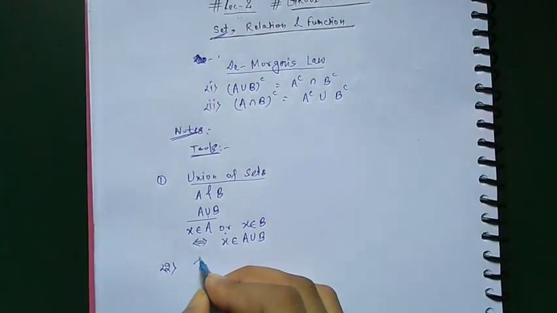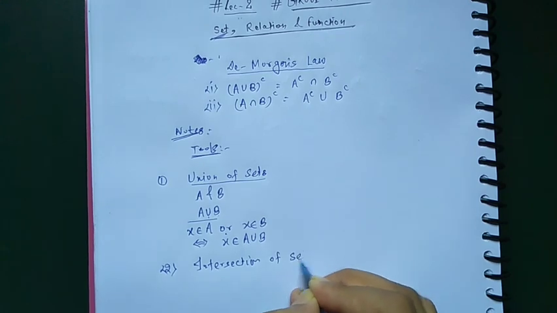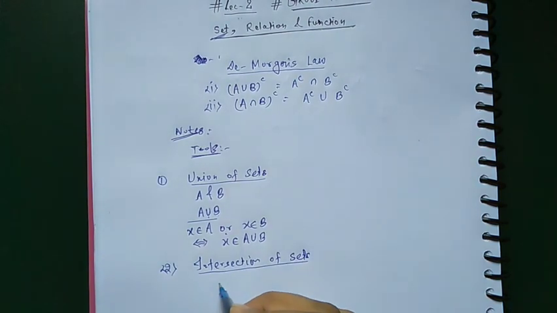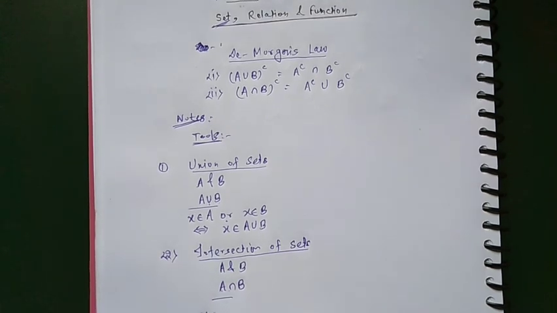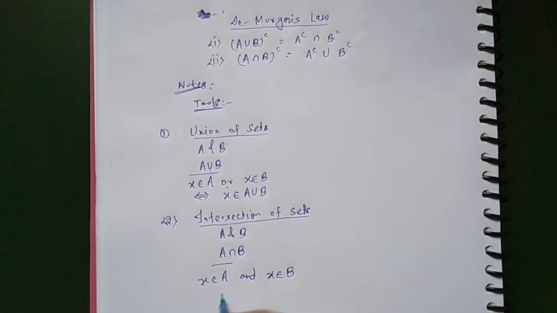The second tool is intersection of sets. Again, we let A and B be two sets, then the intersection of these two sets can be represented by this symbol, A intersection B. Here also, if an arbitrary element X we take, and X belongs to A and this element X also belongs to the set B, then we say that X belongs to the intersection of these two sets.